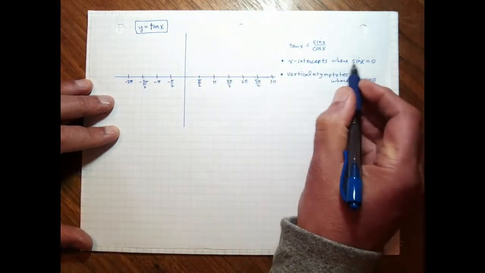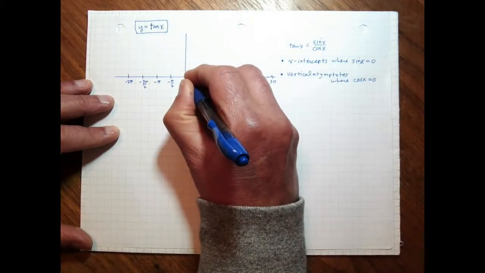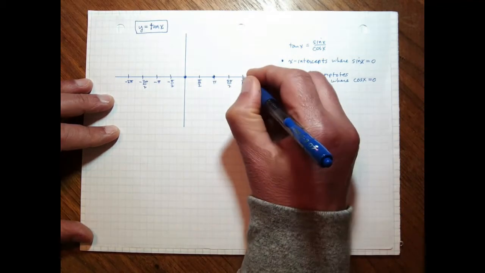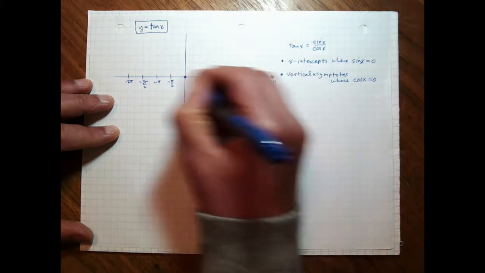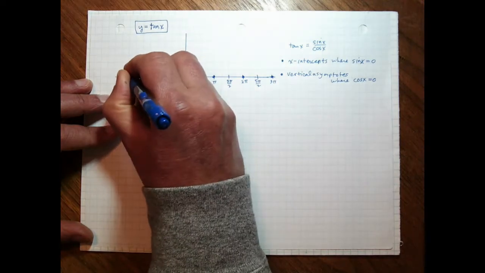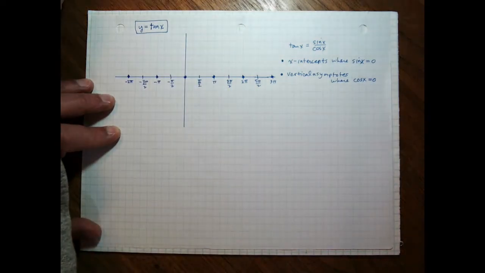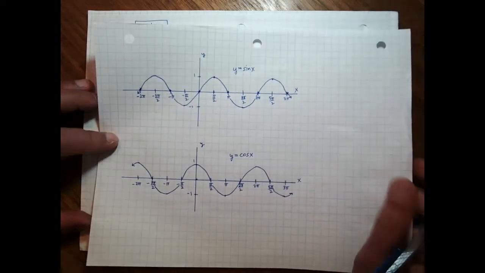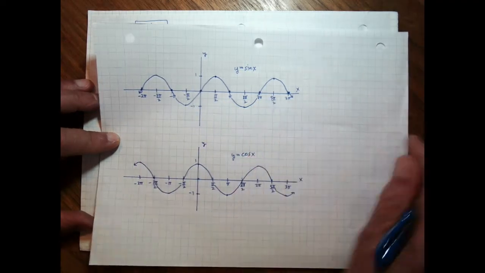So sine is 0 at 0, pi, 2 pi, 3 pi. So those x-intercepts for tangent are the same as the x-intercepts for the sine function.